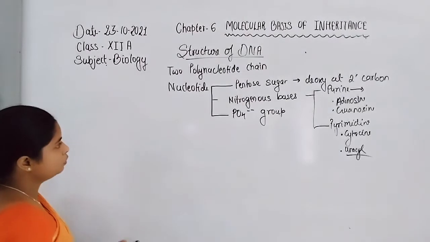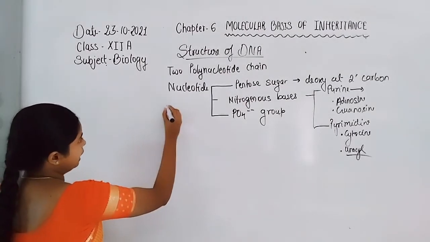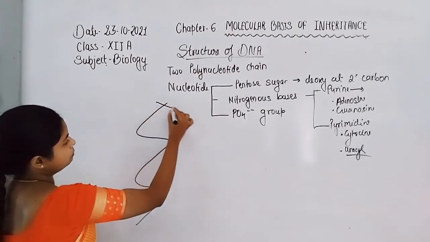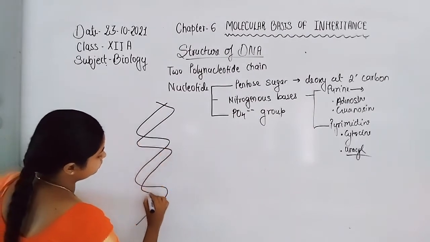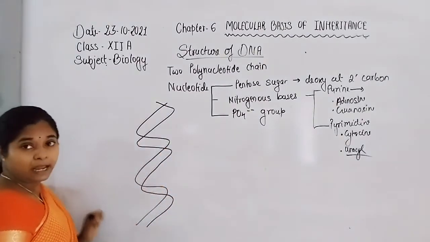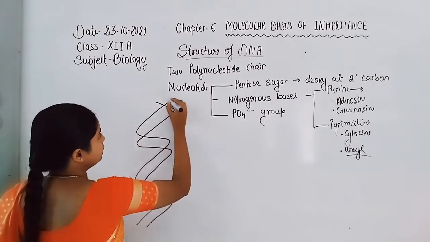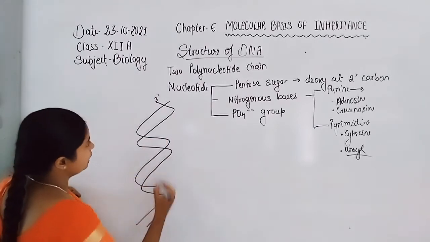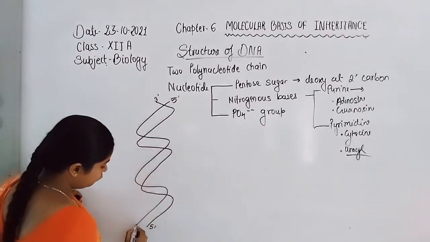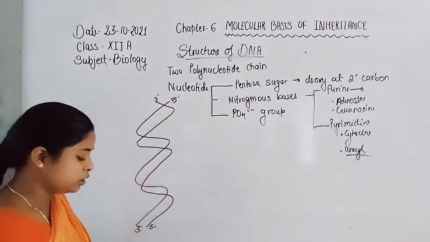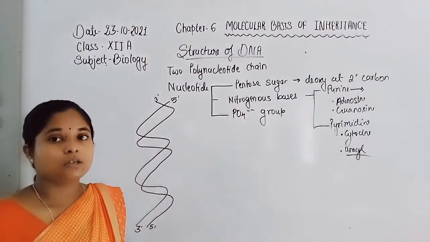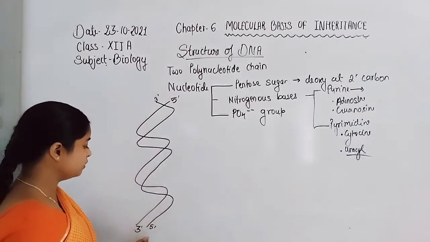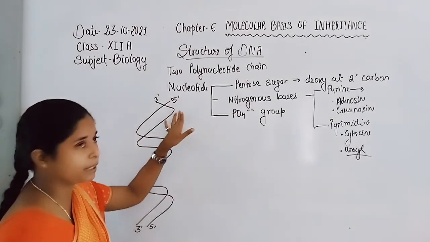Now, if we talk about the structure or helix of DNA, in which the polynucleotide strands are antiparallel in direction, if one strand is present in the 3' to 5' direction, then the other strand is present in the antiparallel direction, from 5' to 3'.